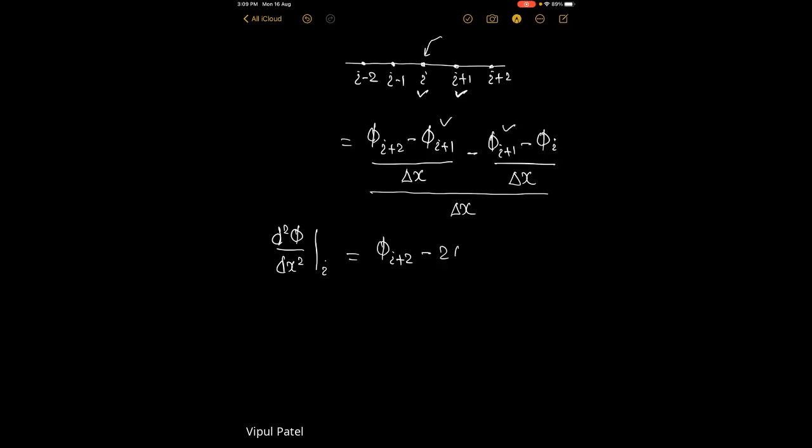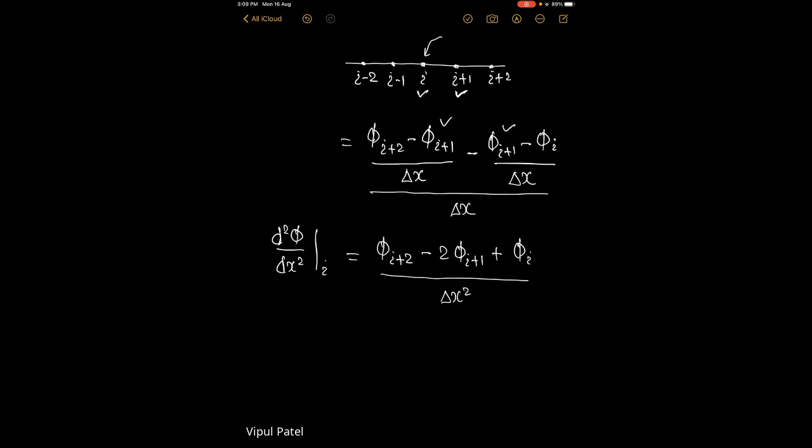So you'll have a 2 phi I plus 1, and then this minus and this minus becomes plus phi I, divided by delta x square, right? So this is your formula of d square phi by dx square with forward difference approximation.